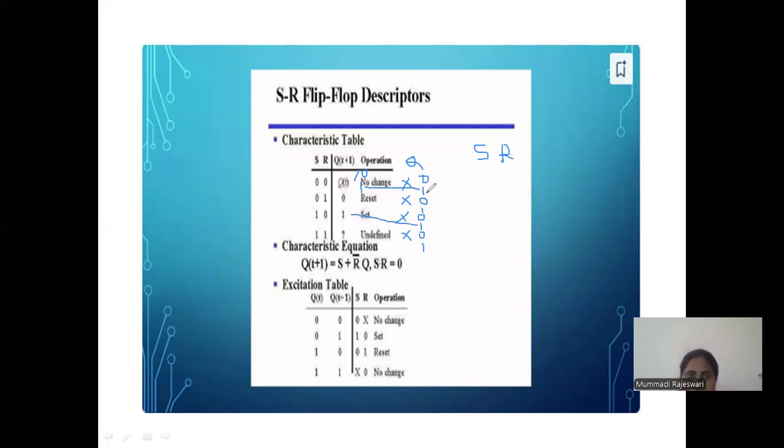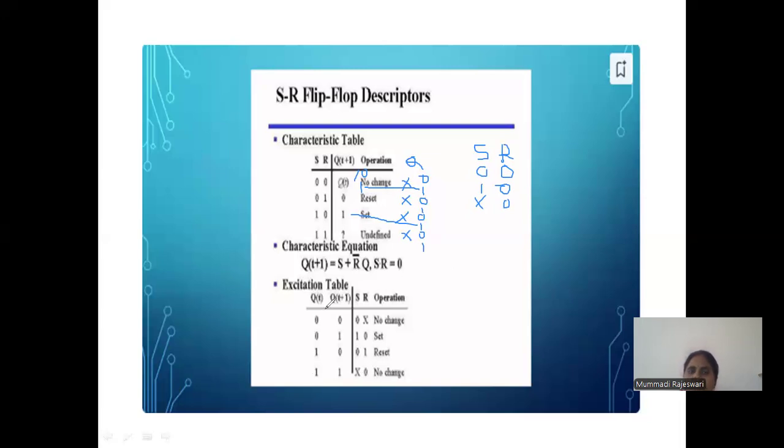For 1, 1, the times we are getting it are 0, 0 and 1, 0. Here the S input is 0 one time and 1 the other time, so we are not saying a definite value; it is unknown, X, and R is equal to 0. This is the last condition of your excitation table, that is X, 0.